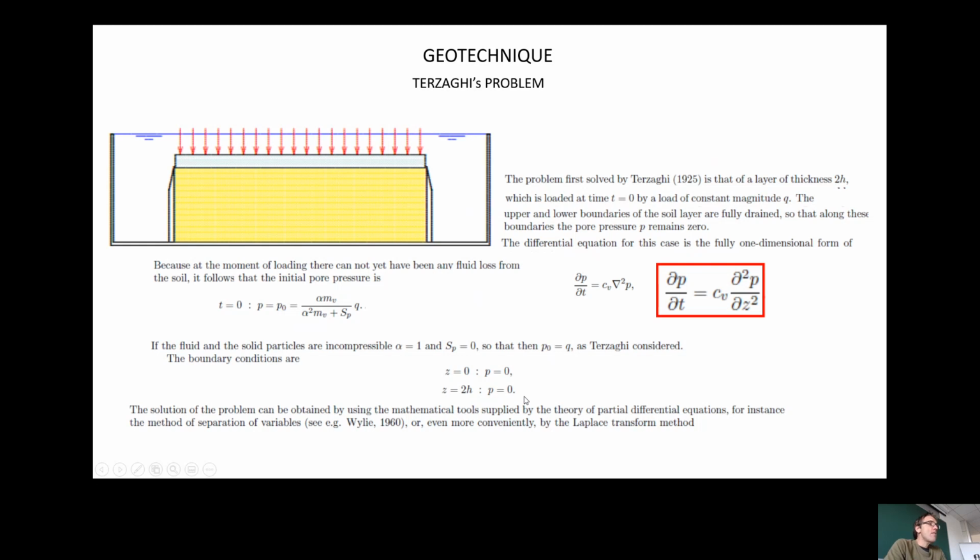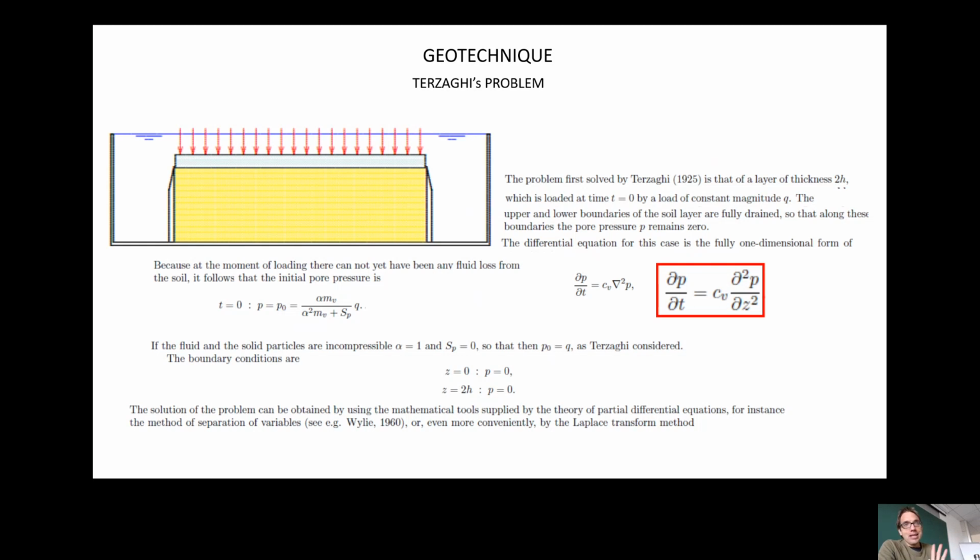So we can say that the problem is potentially solved by using the mathematical tools supplied by the theory of partial differential equations, for example, the method of separation of variables that was proposed by Wiley in 1960, or even, if you want, again, the Laplace transform method.